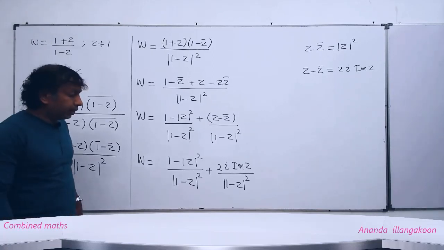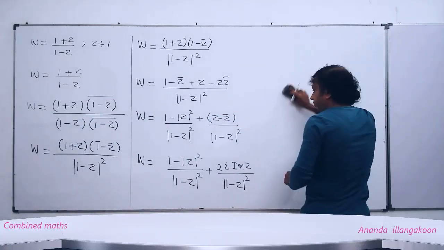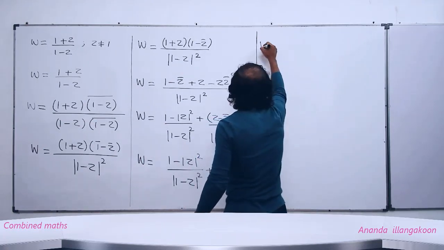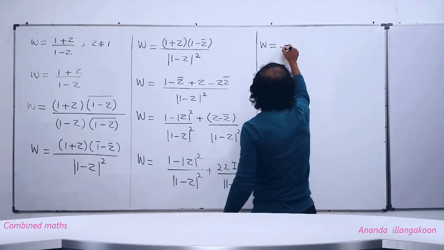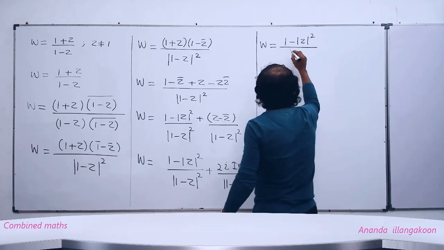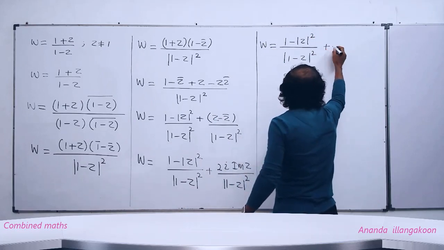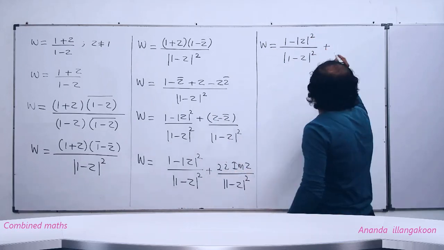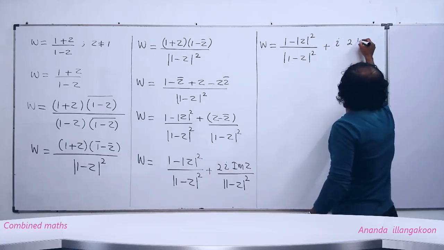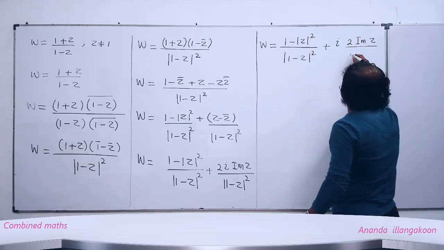Now I can write (1 minus mod z perfect square) divided by this, and I times 2 times Im z divided by this.